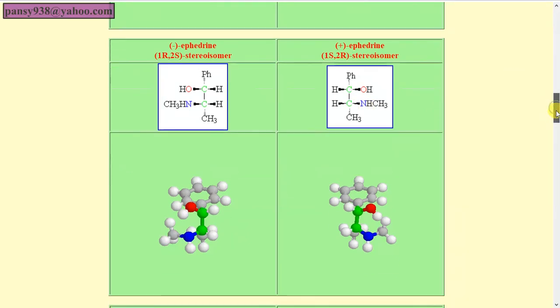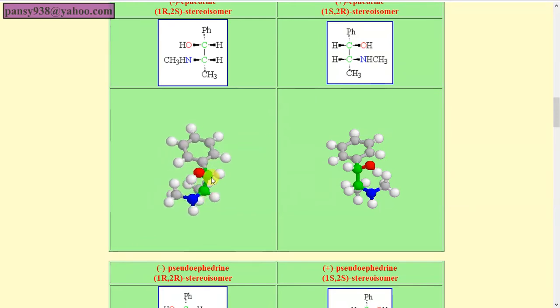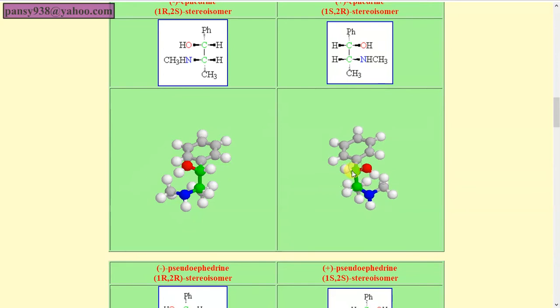You can also see this in their three-dimensional character. The phenyl ring in both of the cases is at the backward position. OH and the nitrogen bearing chain are at the left side, while in case of plus ephedrine, both the hydroxyl group and the nitrogen bearing chain are at the right side.